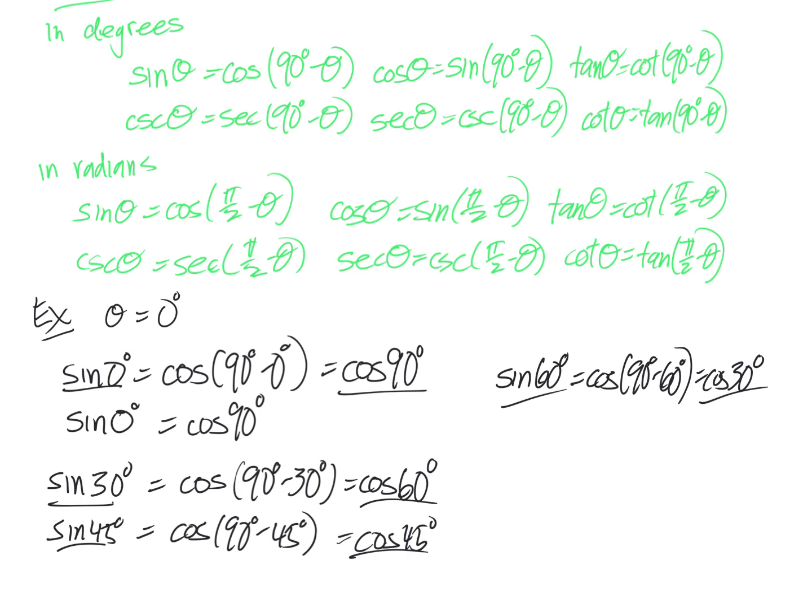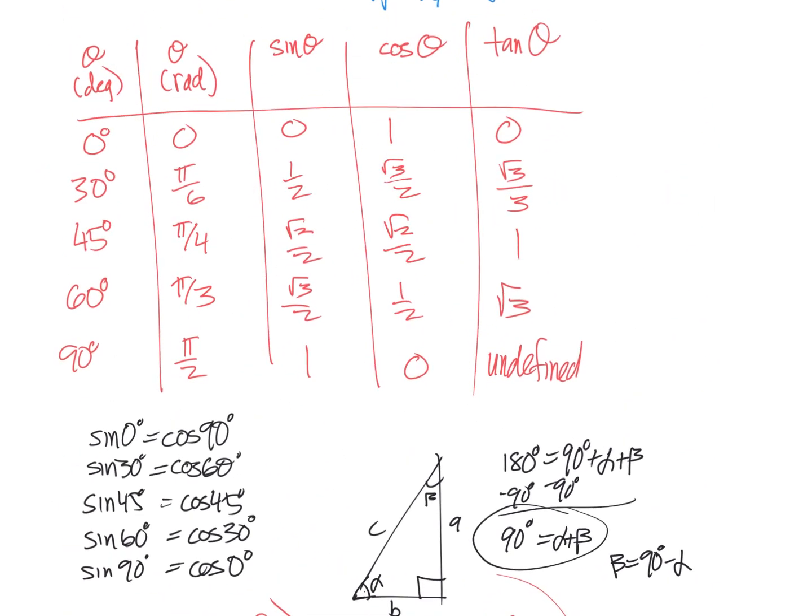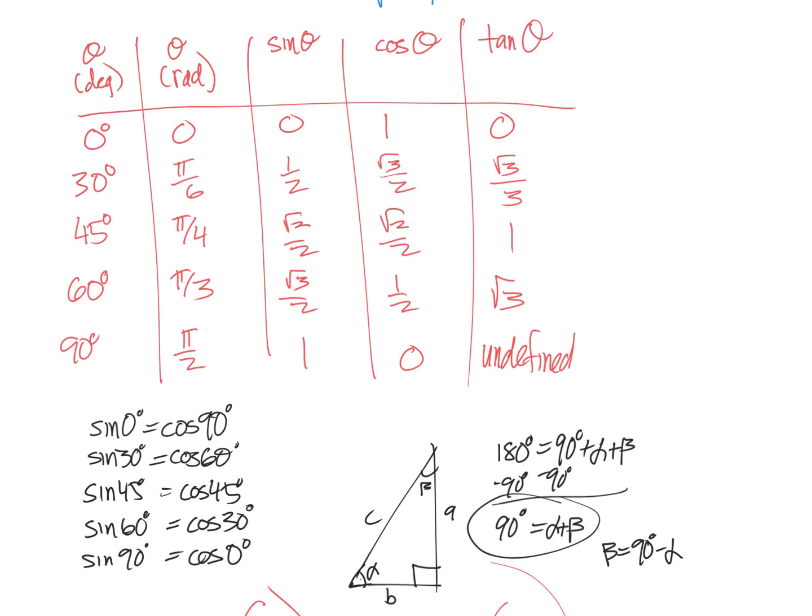And then finally, we have sine of 90 degrees is cosine of 90 degrees minus 90, which is 0. These are the values that we got from that table. So now we've actually explained that symmetry that we got from up here. And that's because of cofunctions.